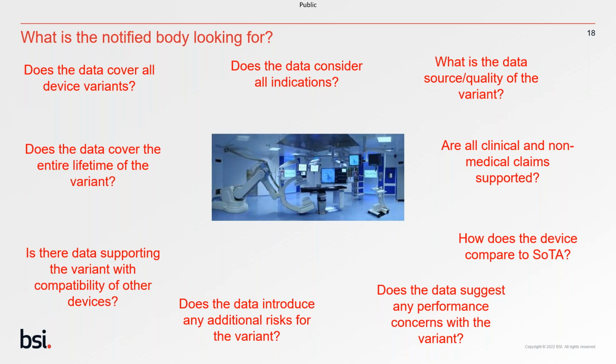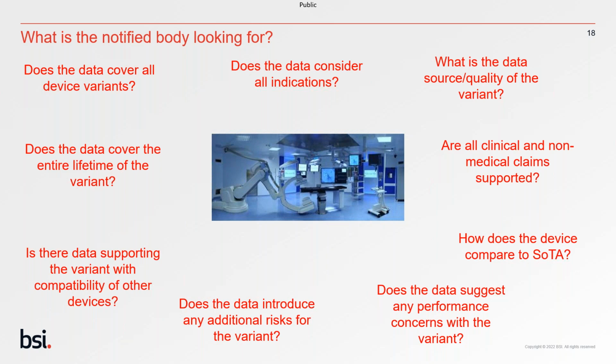So what I would say is that in your clinical evaluation report, it is really important that if you want a quicker, more efficient review from a notified body, you really need to think about how you stratify that data within the clinical evaluation report, taking into consideration what's been identified in literature, what's coming from post-market surveillance, what's actually coming from clinical investigations, and stratify that data within your clinical evaluation report.